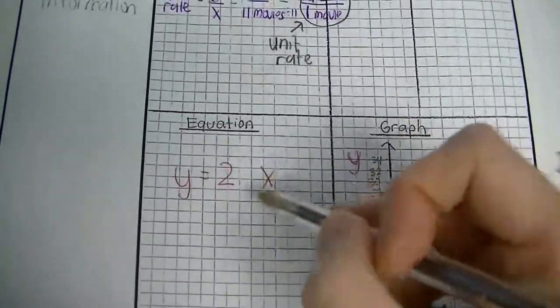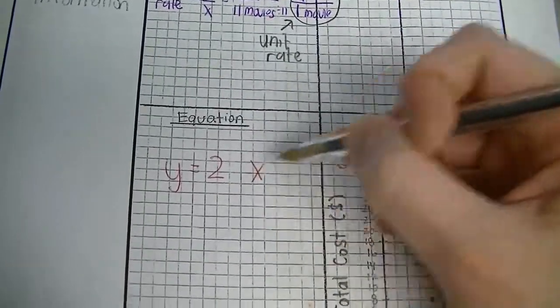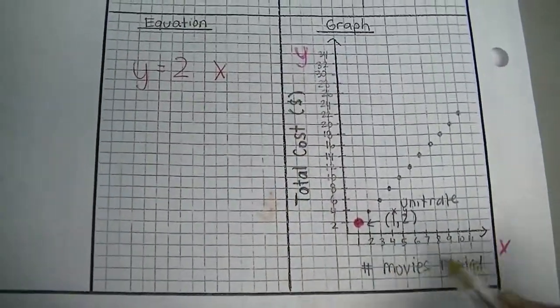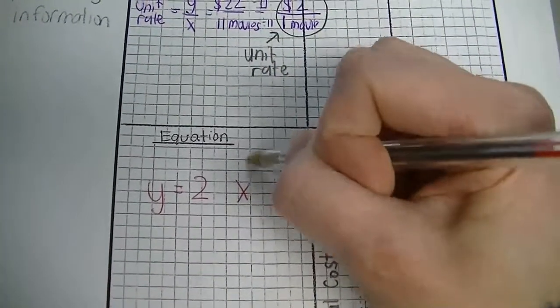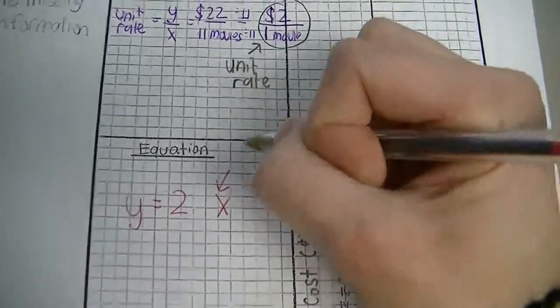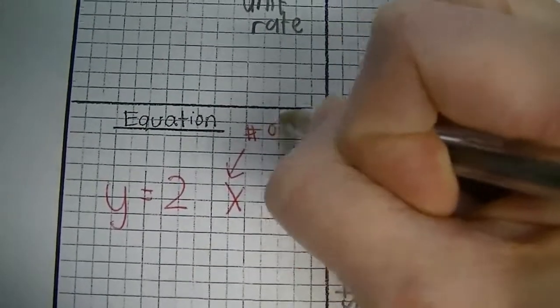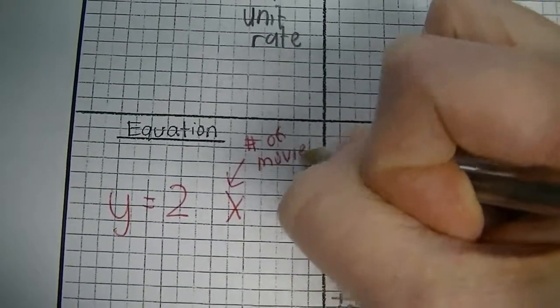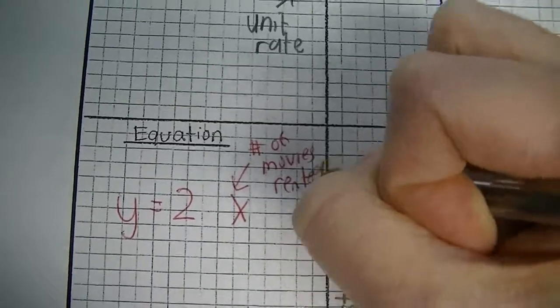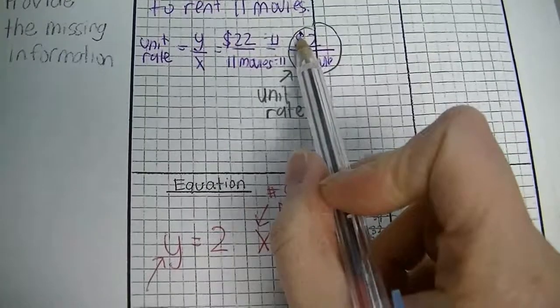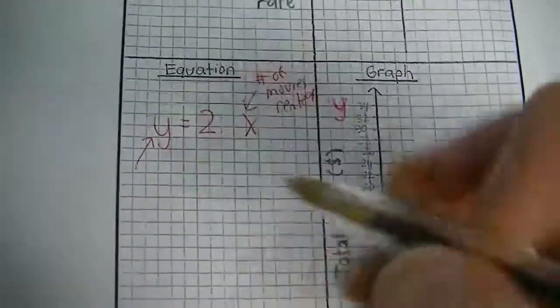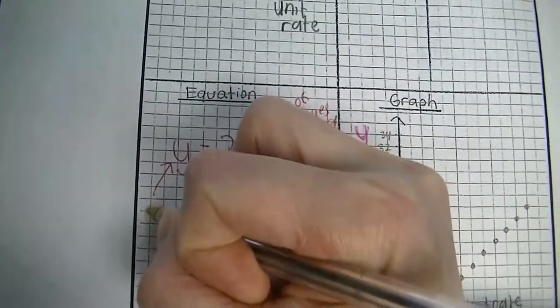Okay? And now we just got to label this stuff. So what does the x represent? Look at the x-axis. You can look at it right here. You can also look at it right here. So x represents the number of movies rented. And y is the dependent variable, and it represents the total cost of the movies.